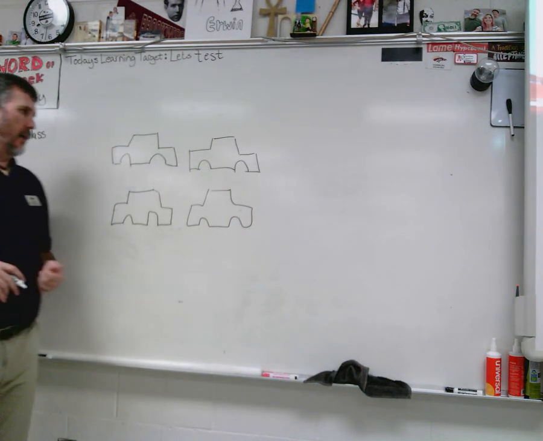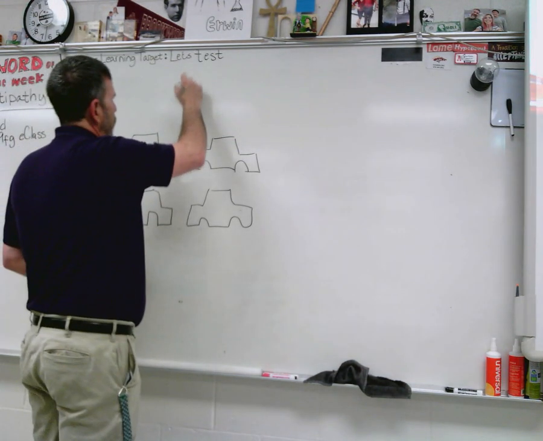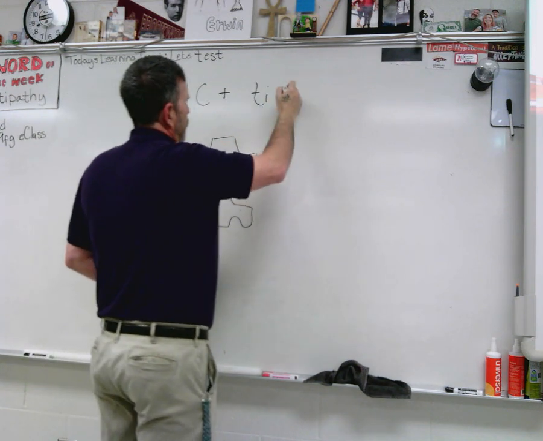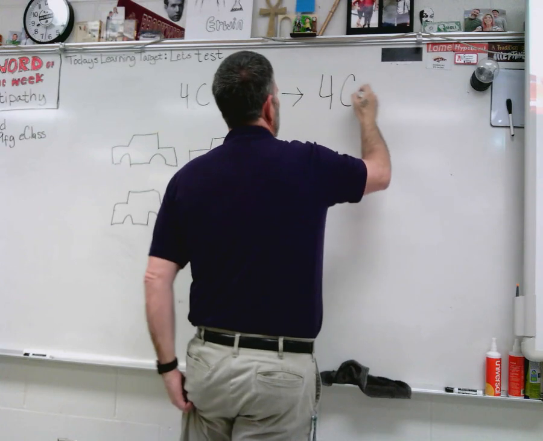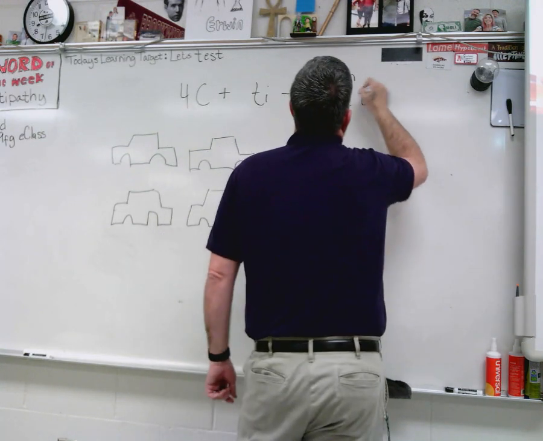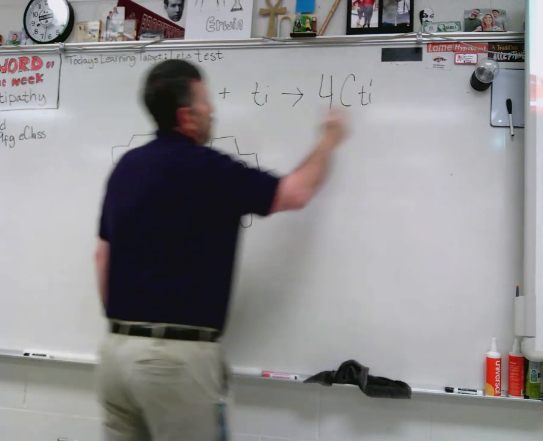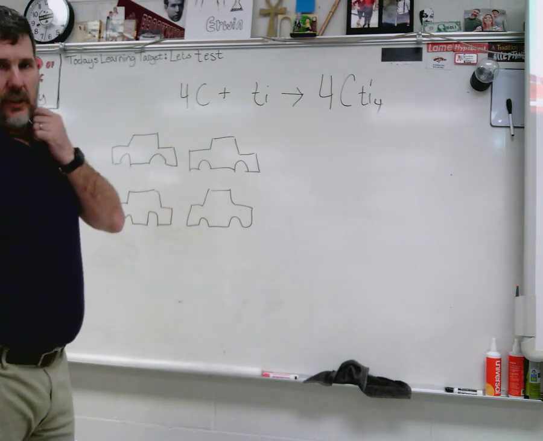How many tires do I need? Well, if I have 4 cars, I need to figure out how many tires to get. 4 cars complete, cars T I, and I got to figure out what the subscript is here. We know that there's 4 tires on each car.